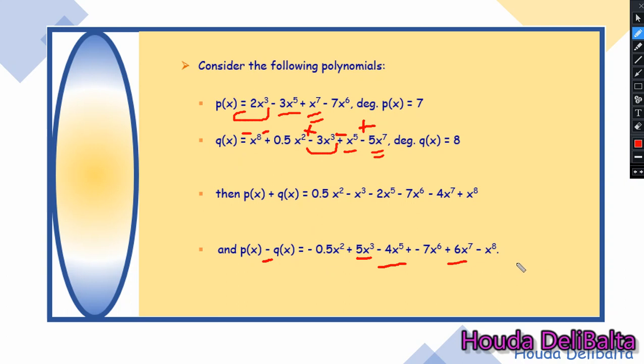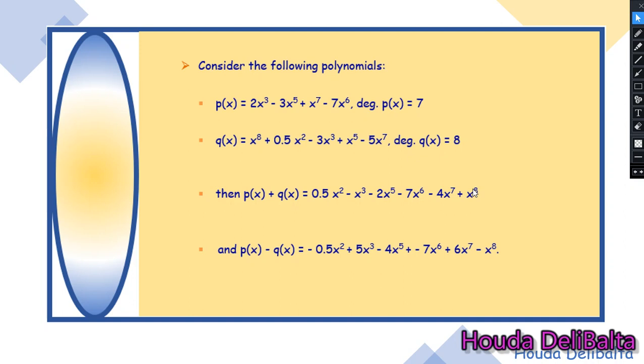So this is how to add and how to subtract polynomials. Notice something before moving to the next idea, that p of x plus q of x and p of x minus q of x give me a result that's arranged in the increasing order of powers. Notice the powers: 2, then 3, then 5, then 6, then 7, and then 8.